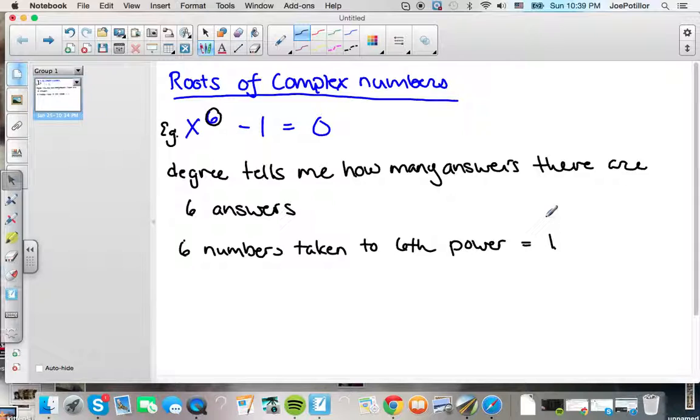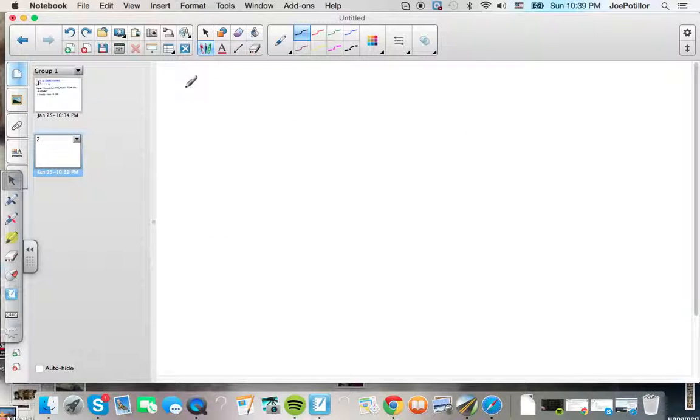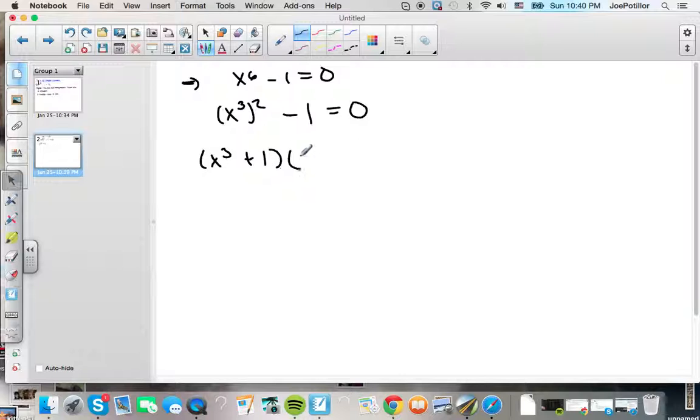And we learned that from the nth theorem of algebra. And of course, if I sat and did the ugly factoring involved in this equation, it would look something like this. x to the 6 minus 1 equals 0. This is a difference of squares. This is x cubed squared minus 1 equals 0, which ends up being x cubed plus 1 times x cubed minus 1.